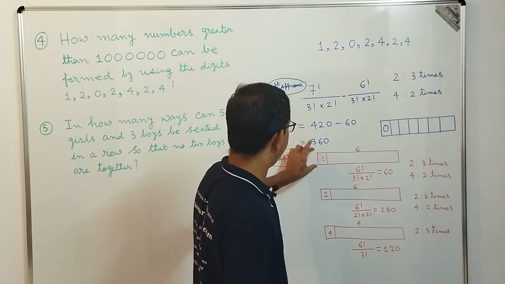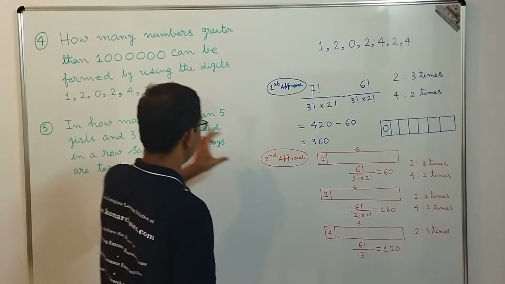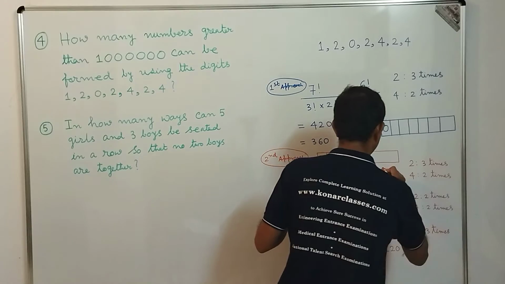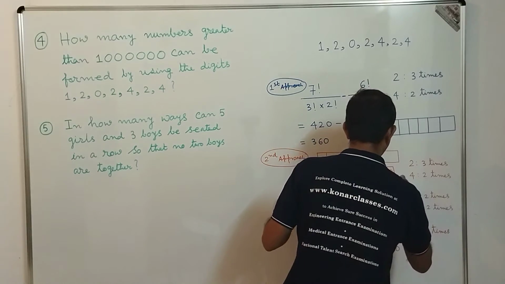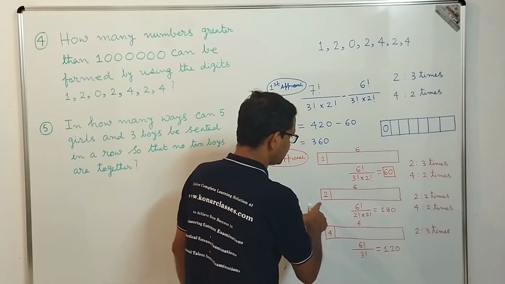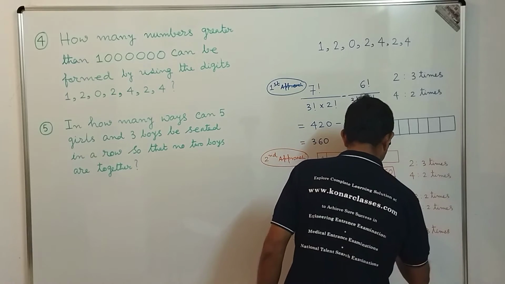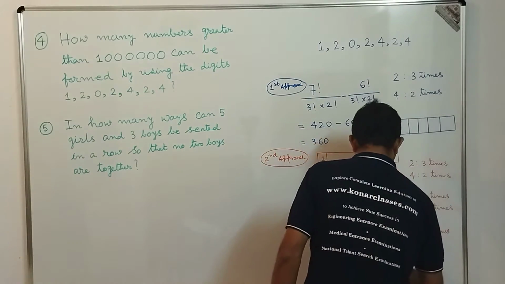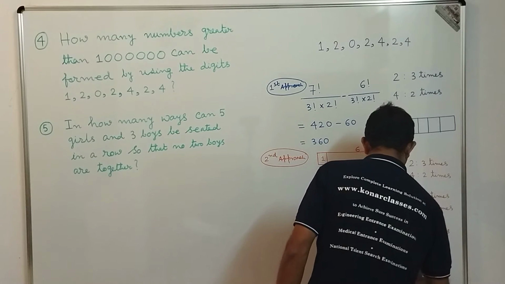Now dear students, what we get is that first we found the number of numbers which are starting with 1, that is 60. Then we found the number of numbers starting with 2, that is 180. Then we found the number of numbers starting with 4, that is 120.